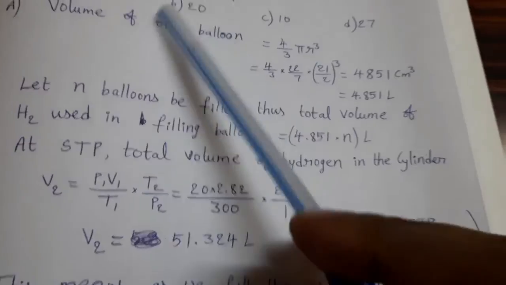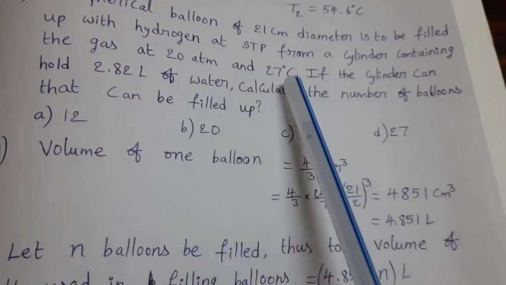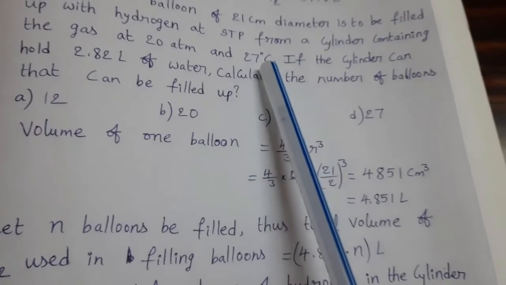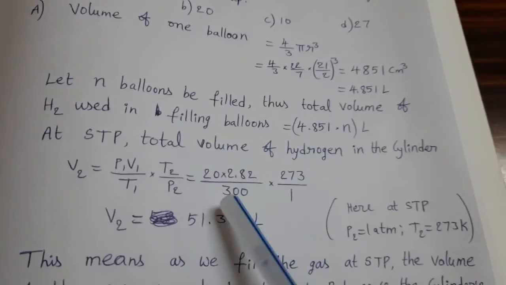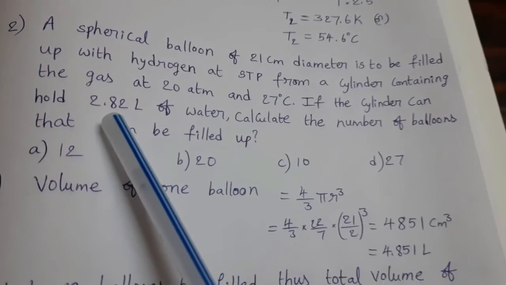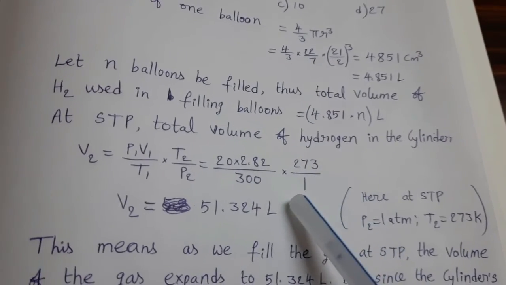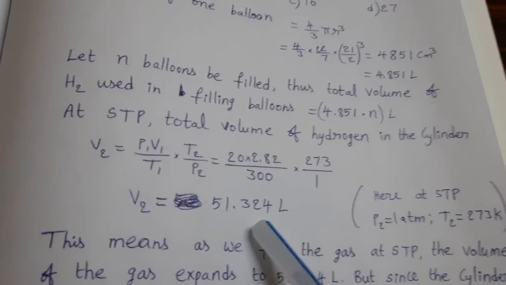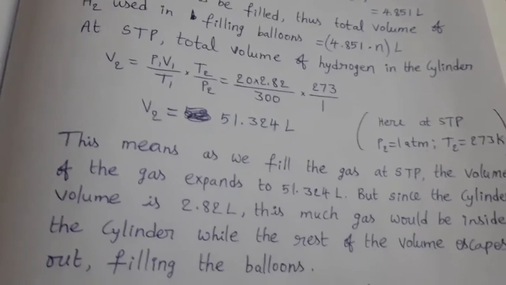So P1 means inside the cylinder, what is the pressure? 20, temperature 27 degrees Celsius, in terms of Kelvin, 300 Kelvin. Same thing. And volume of this cylinder 2.82 liters. So substitute these values, then we can get 51.324 liters.